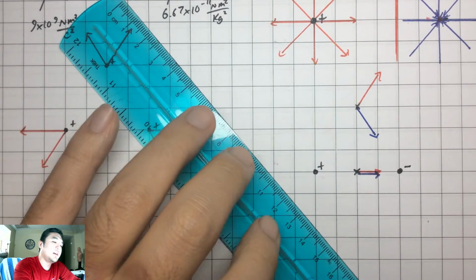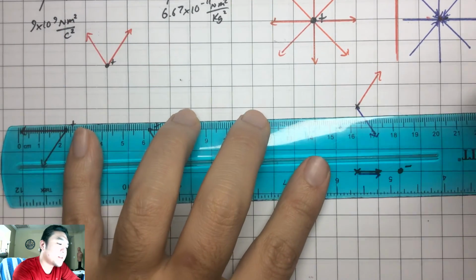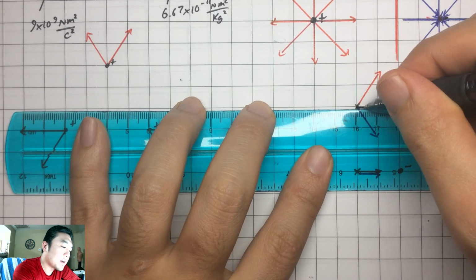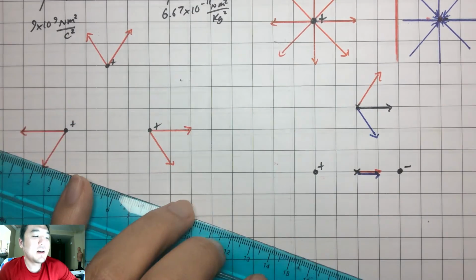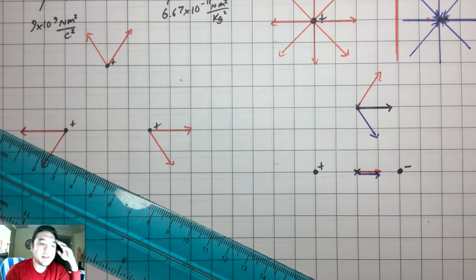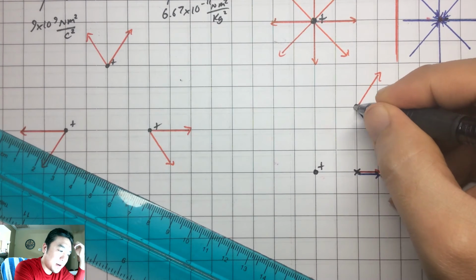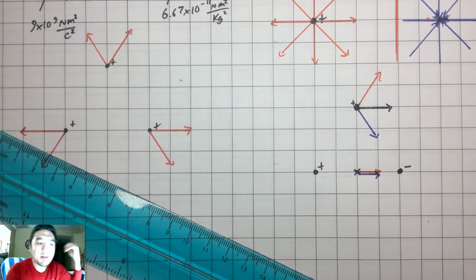Together, when we add those up, we get some resultant field vector that points just to the right, because you can see how the verticals cancel out. And so if we take a test charge, in other words, some random positive charge, and place it right here, it would probably be pushed to the right. If we put a negative test charge, it would be pulled to the left.